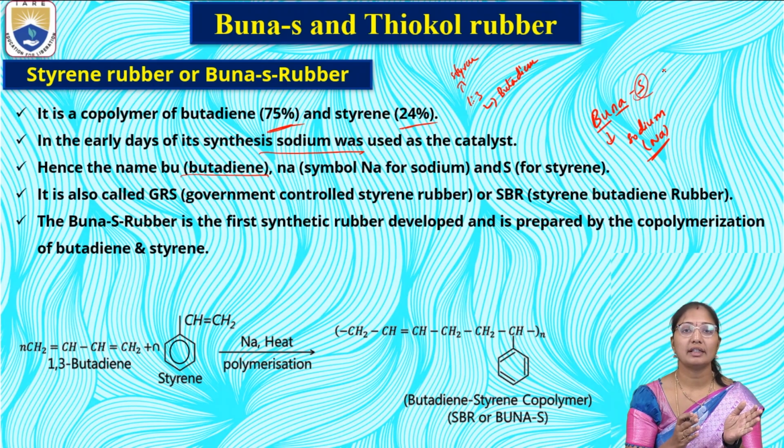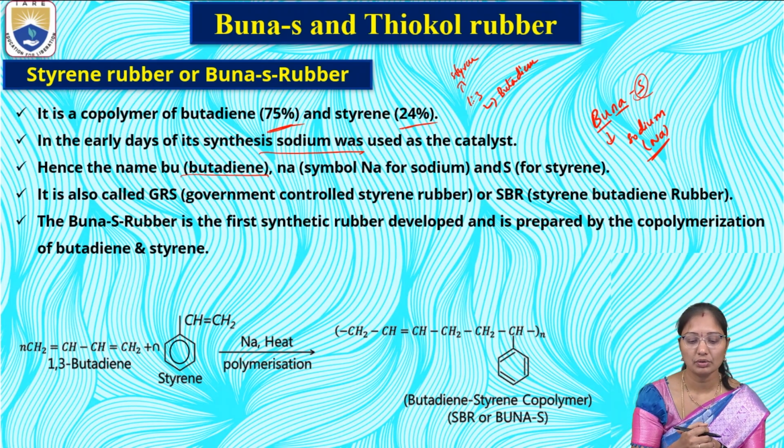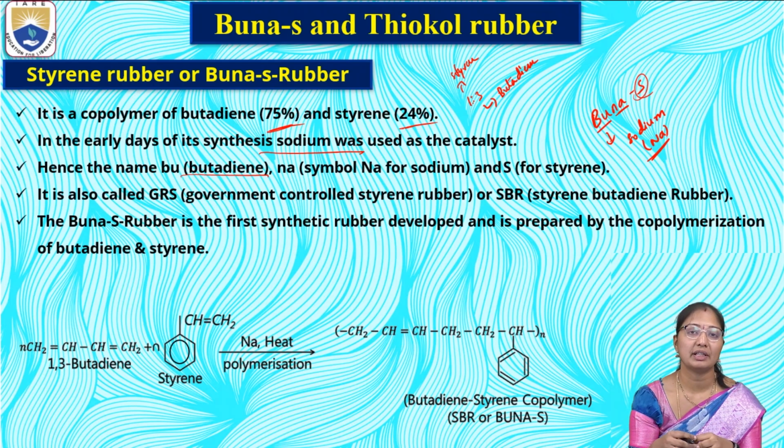So, the butadiene and styrene, in the presence of sodium catalyst, result in the formation of butadiene styrene copolymer. So, here this is a copolymer. The homopolymer means the two monomer units will be the same, whereas in Buna-S, the monomers we are using are butadiene and styrene.